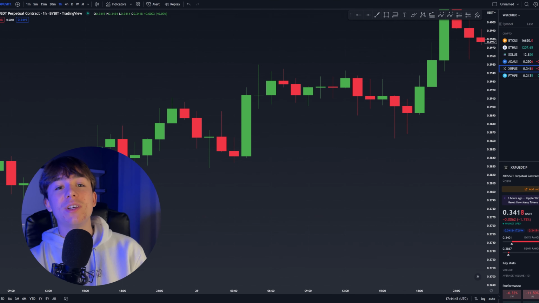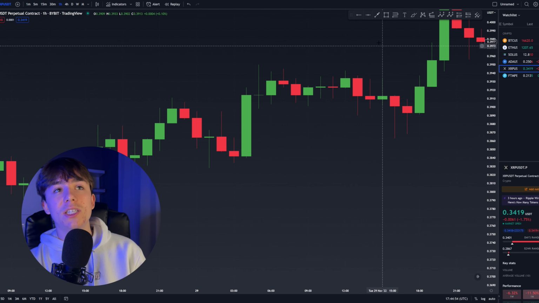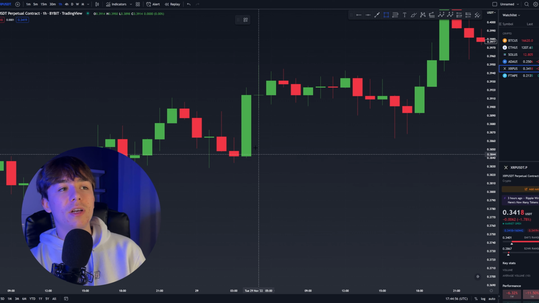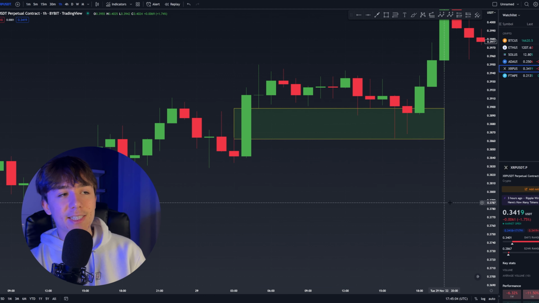And the other way around, when we see a big green candle like this, where the low of the following candle doesn't touch or cross the high of the previous candle, we can draw the fair value gap box from the low of the following candle to the high of the previous candle, and then we get something like this.